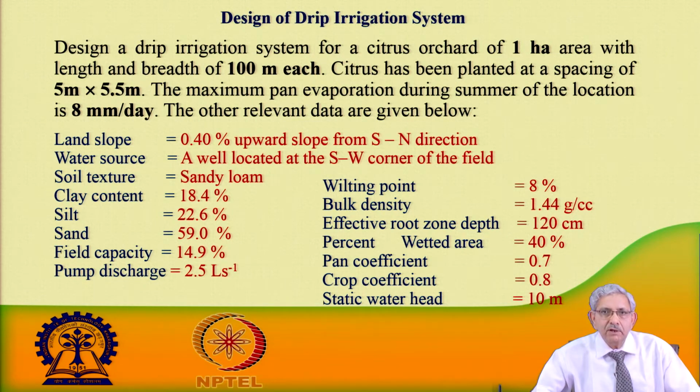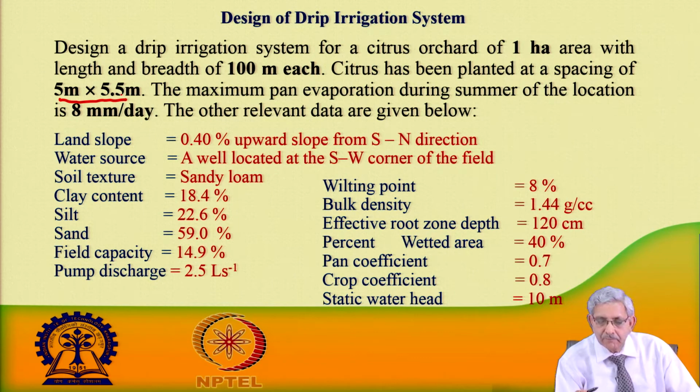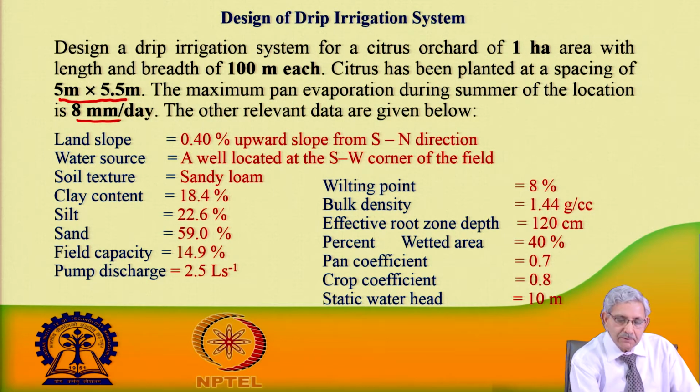This crop has been planted at a spacing of 5 meter by 5.5 meter, and pan evaporimeter data will be used to estimate the water requirement of the crop. The pan data is given for the summer month, meaning the peak demand period. The value is given as 8 millimeter per day.